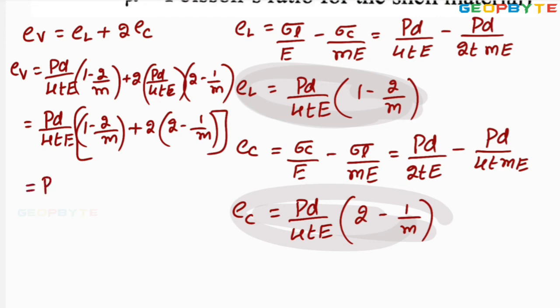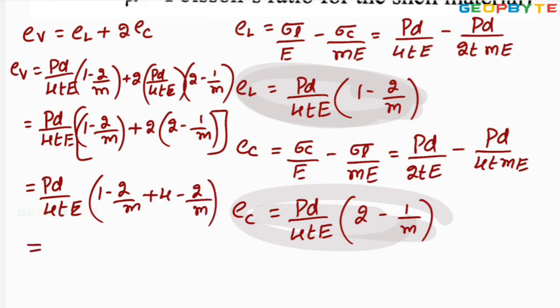It is equal to PD by 4TE into 1 minus 2 by m plus 4 minus 2 by m. Simplify this value. PD by 4TE into 1 plus 4, 5 minus 4 by m.